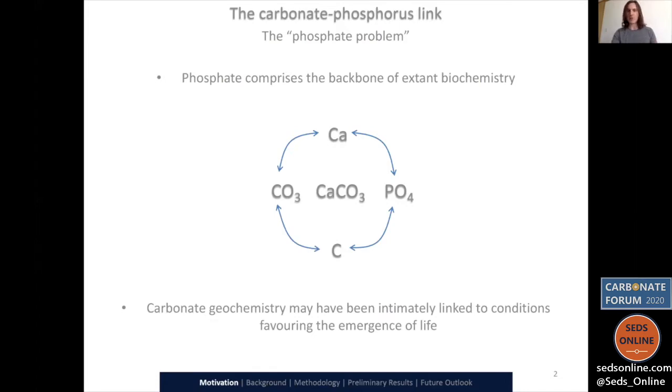We have now a phosphate problem, and just recently it was proposed that alkaline lakes on the early Earth may have been able to provide the necessary high concentrations of phosphate in solution.